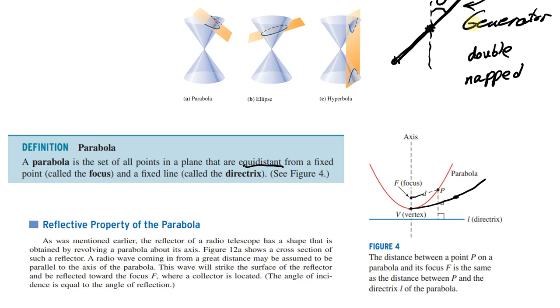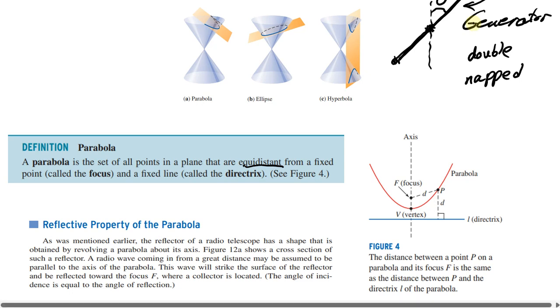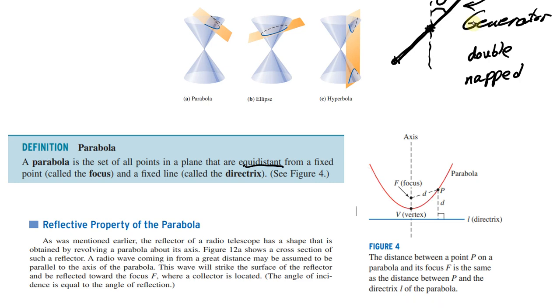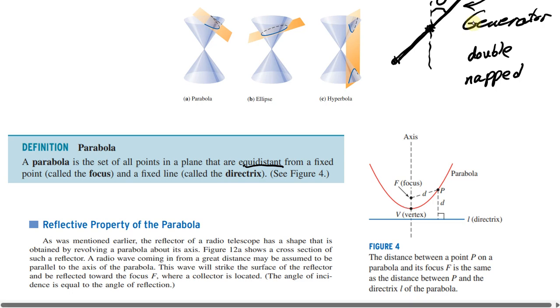The reason, because look at the distance from the focus to that point and from that point to the directrix. They don't look the same, right? So none of these points qualify. The only points that qualify are the ones that are on the graph of the parabola. Okay, so we'll look at the equation of this in just a moment, but keep in mind that this distance is equal to also this distance. We'll talk about these in a moment. Let me not get into that yet.